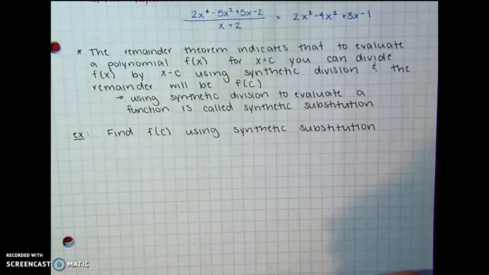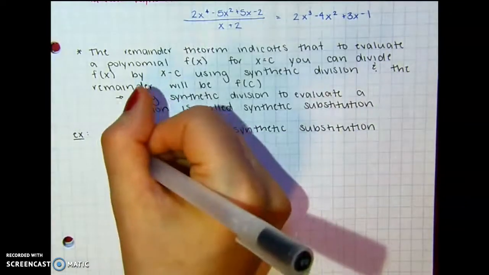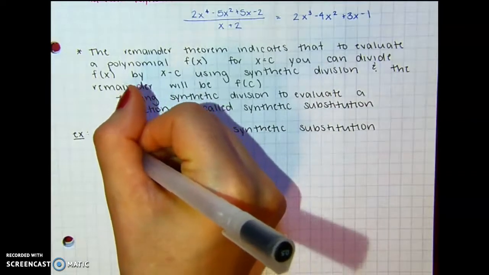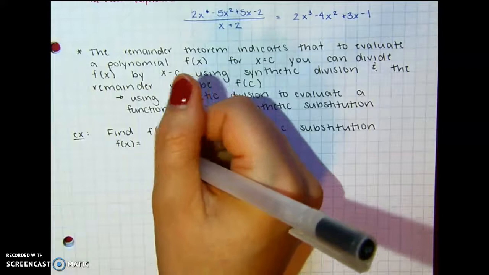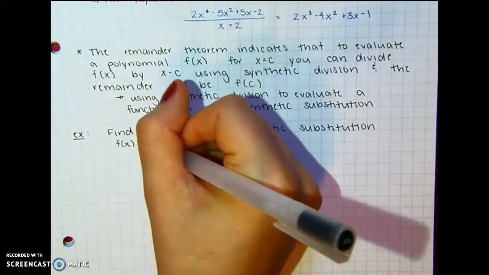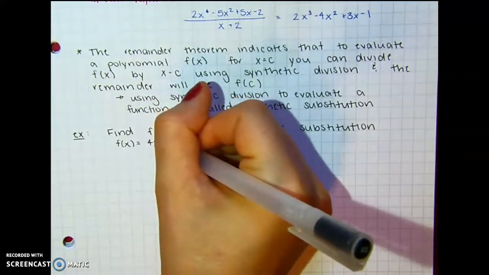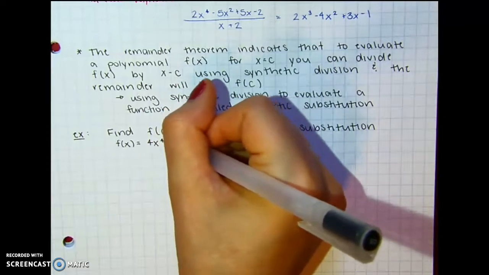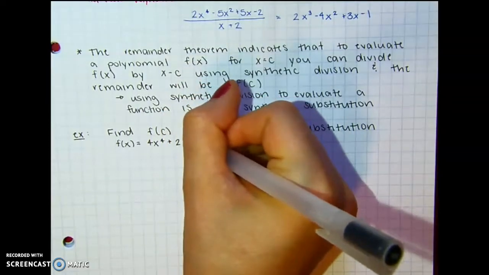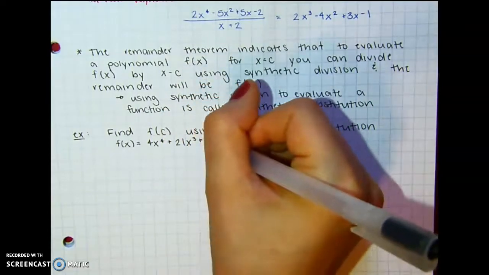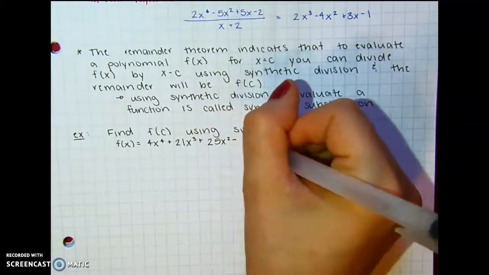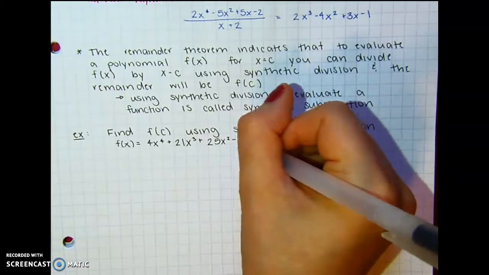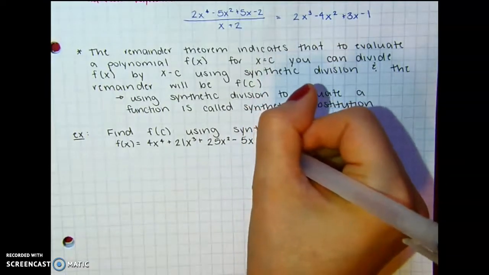And let's do f of x equals 4x to the fourth plus 21x cubed plus 25x squared minus 5x plus 3.